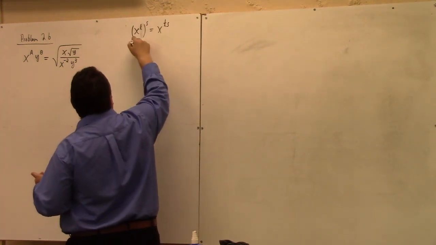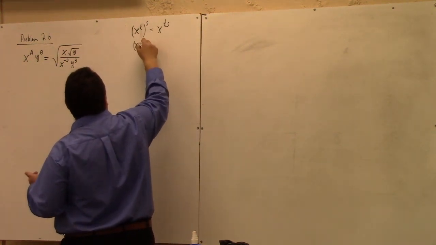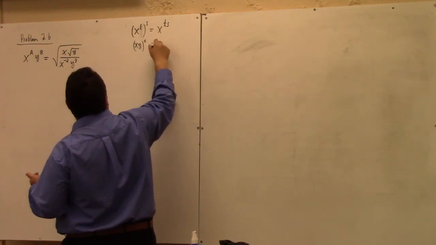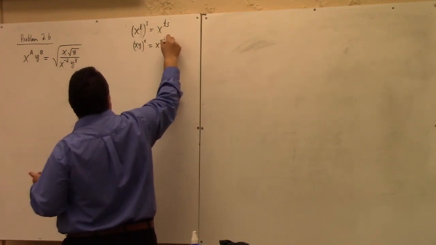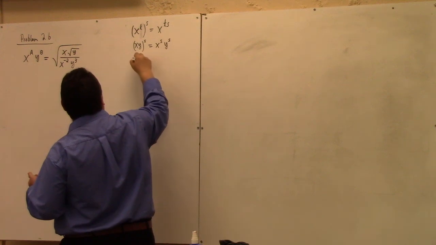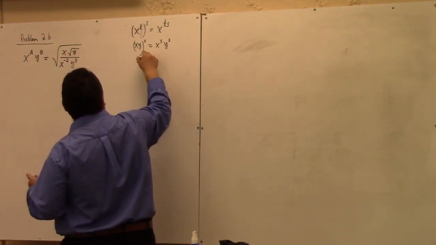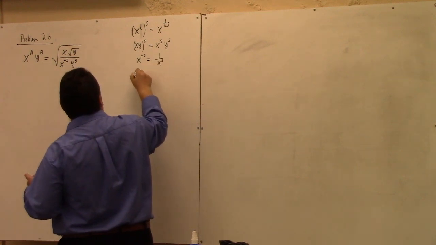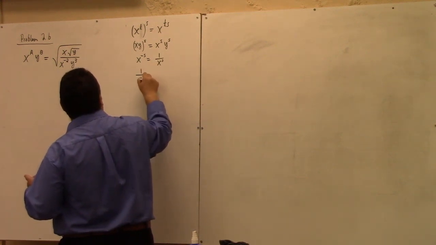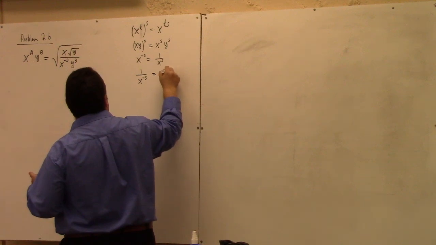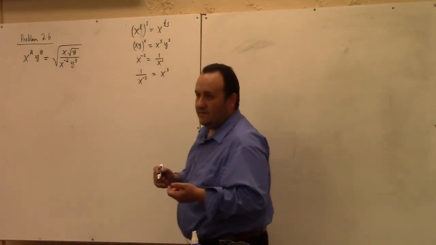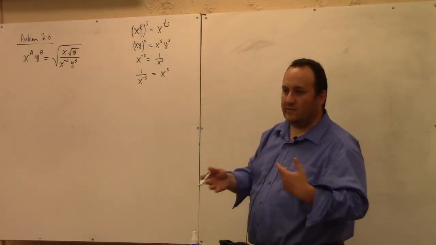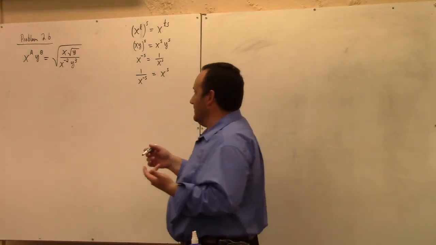We also know that if we have x times y raised to the s power, it's x to the s, y to the s. Another thing we use a lot is that a negative exponent moves into the denominator, and a negative exponent in the denominator can move into the numerator. What's the other tool of the trade here? How do we get rid of square roots?